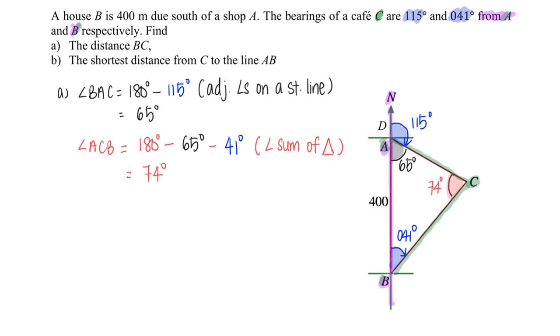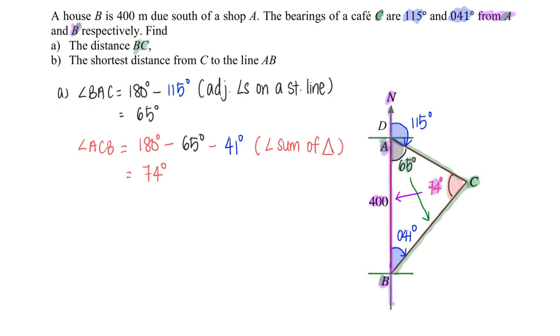And so to find BC, there are two ways to do it. Since we got all the angles, we could use cosine rule, or since we know one of the sides, which is 400, we could tap on our knowledge of sine rule. From here I see that 74 degrees is opposite 400, and 65 degrees is opposite my BC that we are supposed to find.